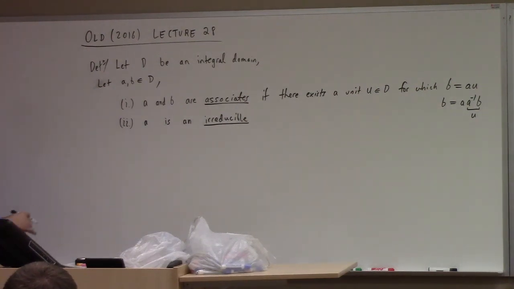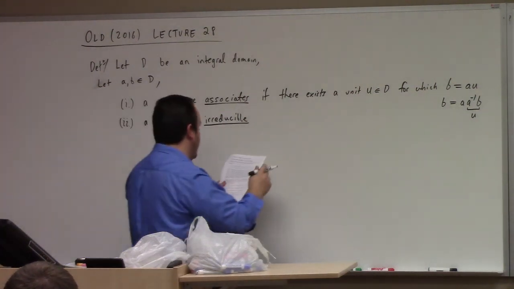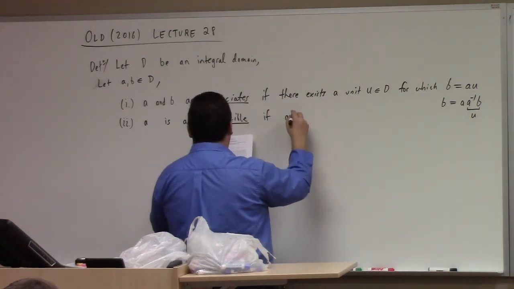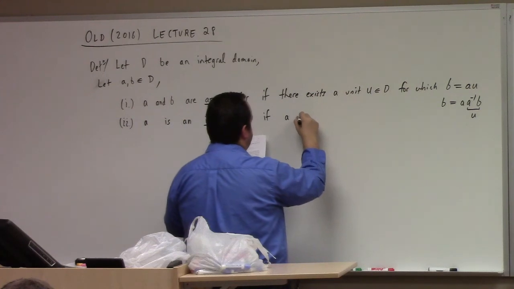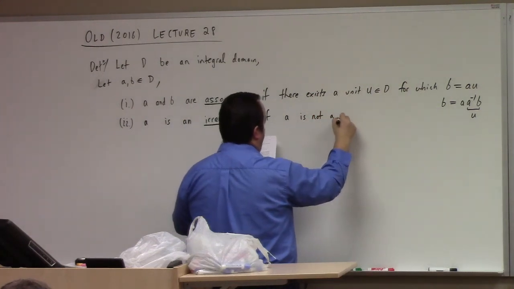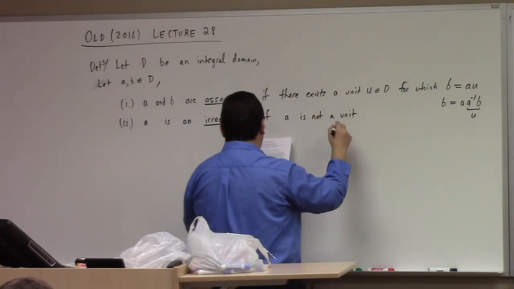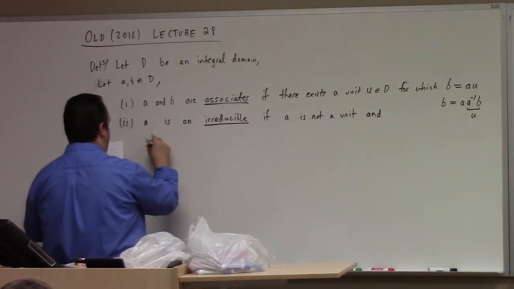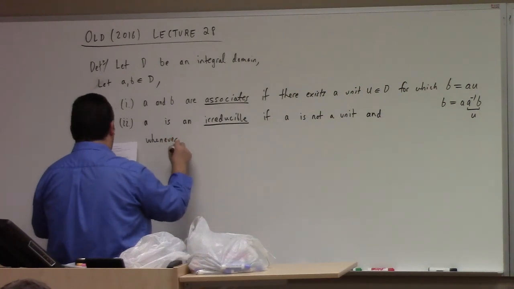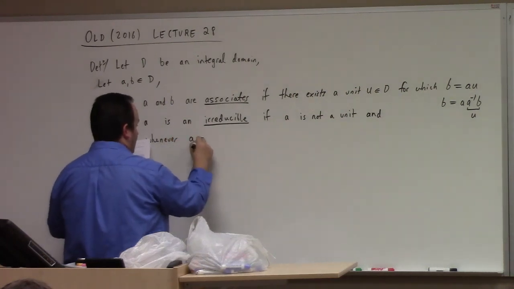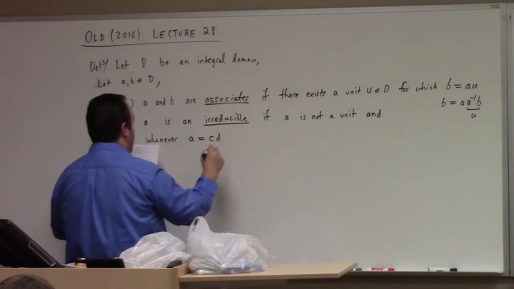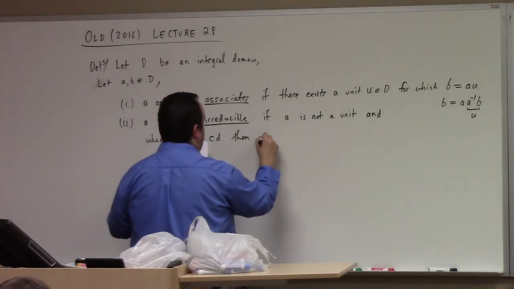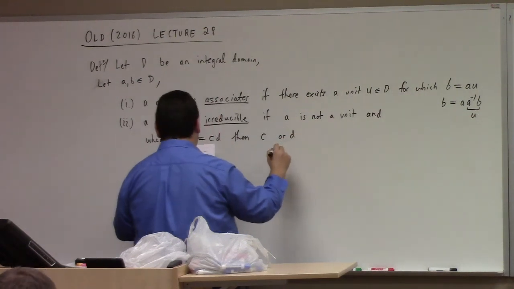an arbitrary integral domain, right? And so here A is an irreducible if A is not a unit, all right? And whenever A is equal to CD, then either C or D is a unit.